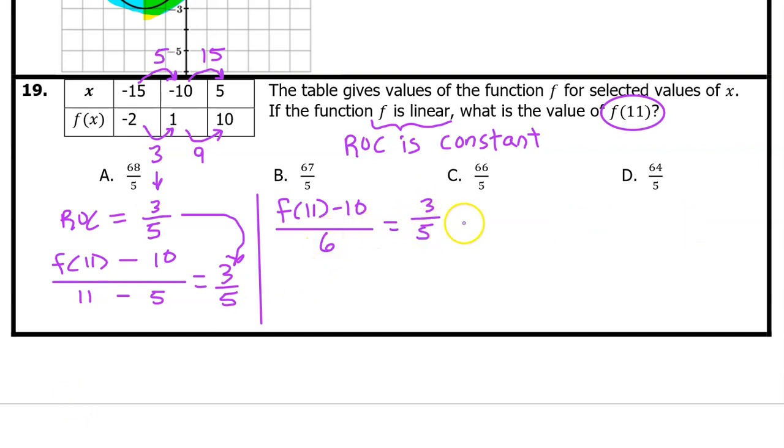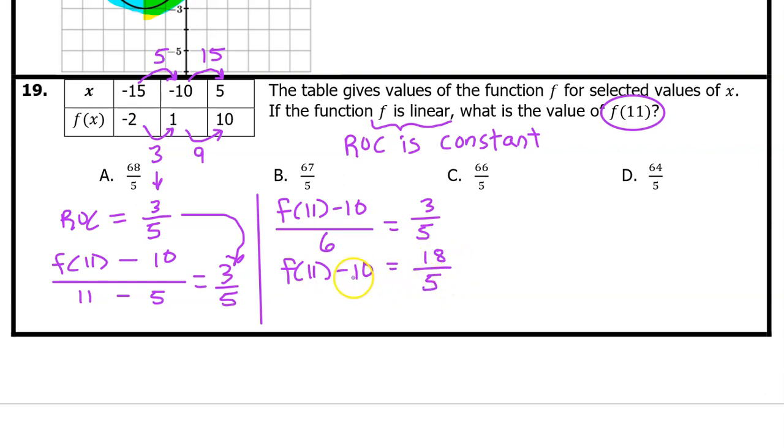If we multiply both sides of the equation by 6, multiplying by 6 on this side is going to be like multiplying by 6 over 1. That's going to wind up as 6 times 3, which is 18. So multiplying both sides by 6 cancels out this 6 in the denominator and gives us f at 11 minus 10 equals 18 over 5.